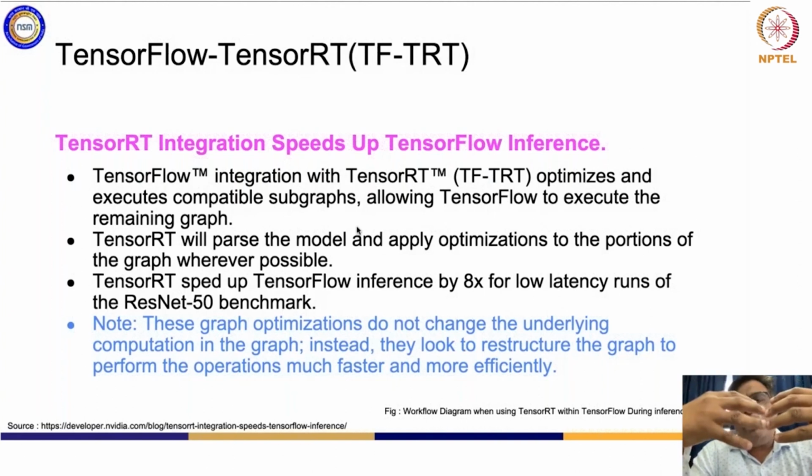So basically you are restructuring the graph to perform the operation much faster and more efficiently, right? So this is the basic gist of why you actually do this, and how it's going to speed up. Okay, that is also what you are going to actually see.